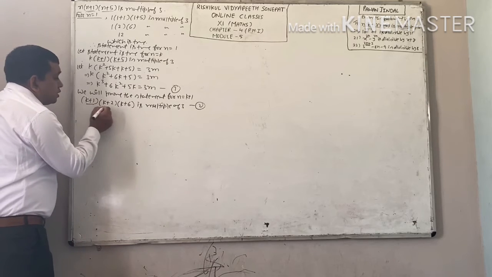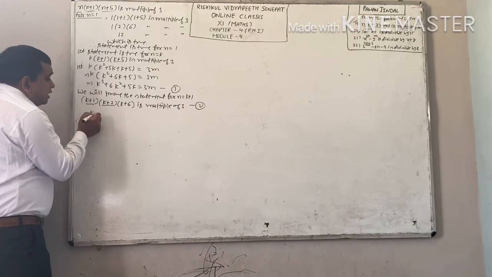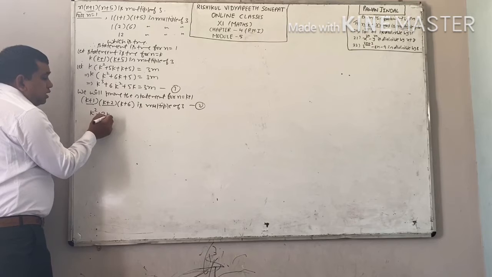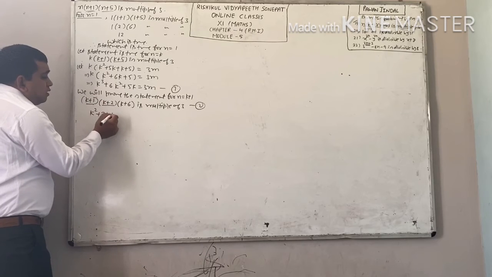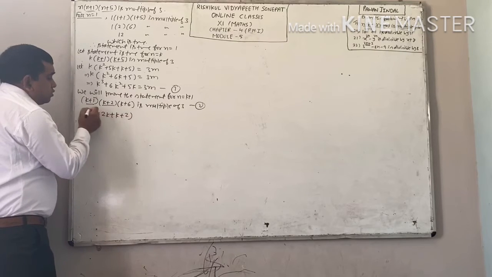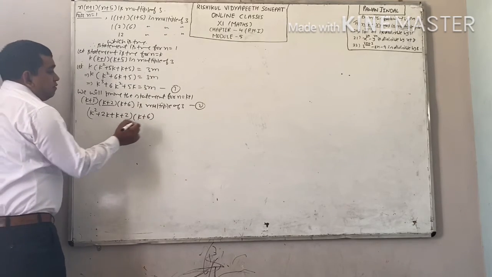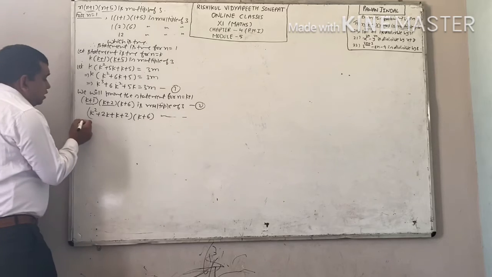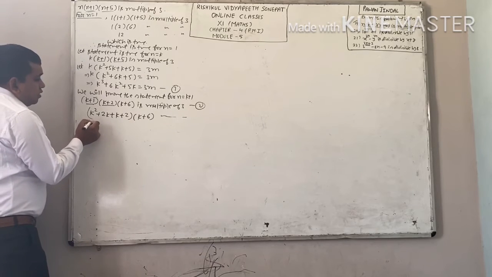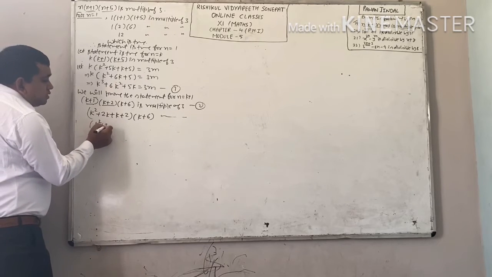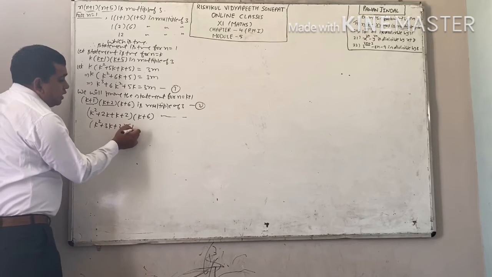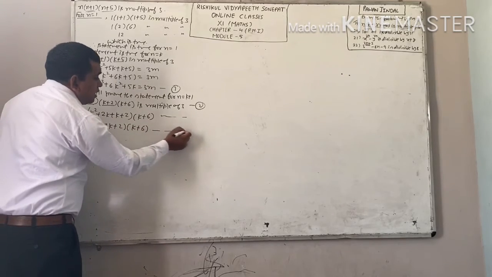Now first of all open the bracket, see what you will get. You will get k square plus 2k plus k plus 2, into k plus 6. Right? We have to prove this is multiple of 3. Now k square plus 3k plus 2 into k plus 6 is multiple of 3.